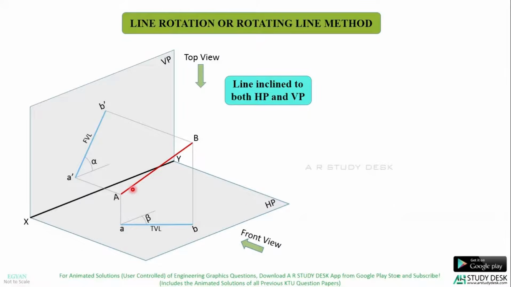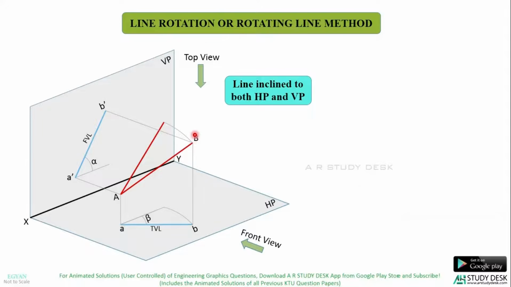Now I will rotate this line AB about A so that the line AB is parallel to VP and inclined to HP. You can see that when I rotate this line, the projection also gets rotated and the top view is now parallel.